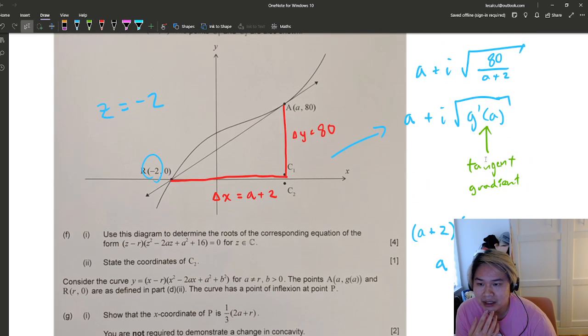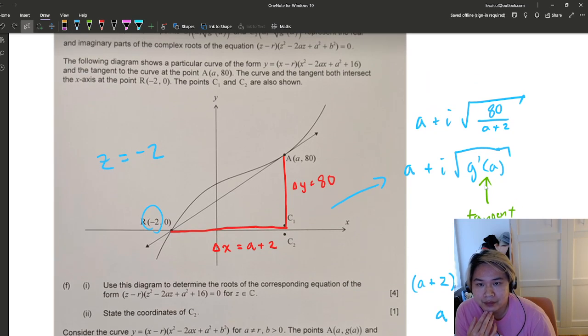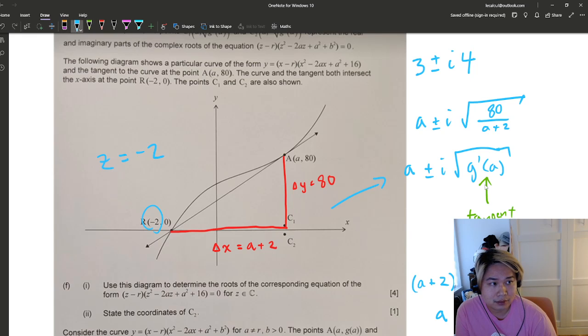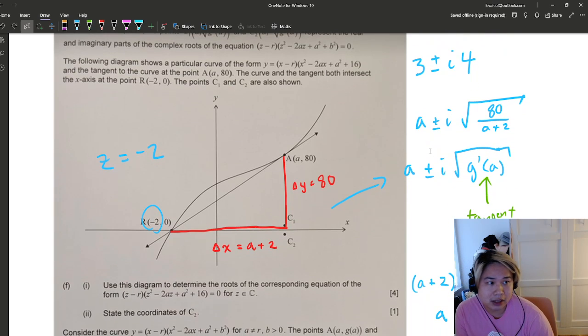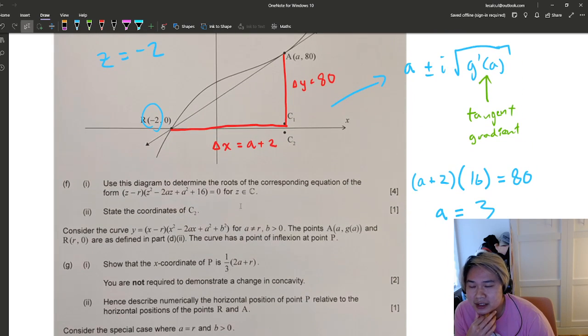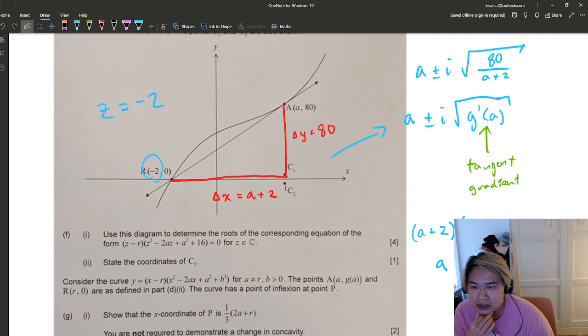Okay, so that means that my complex roots are going to be 3 plus or minus the square root of 80 divided by 5. 80 divided by 5 is 16, so this is going to be 4. Sure, okay, yeah, there are your roots. And then state the coordinates of C2.